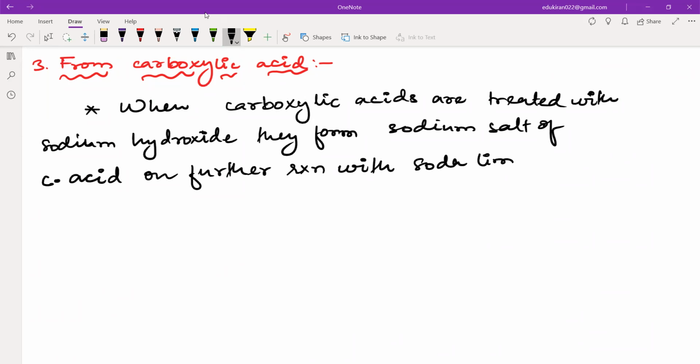soda lime. Soda lime is the 1:3 mixture of sodium hydroxide and calcium oxide.